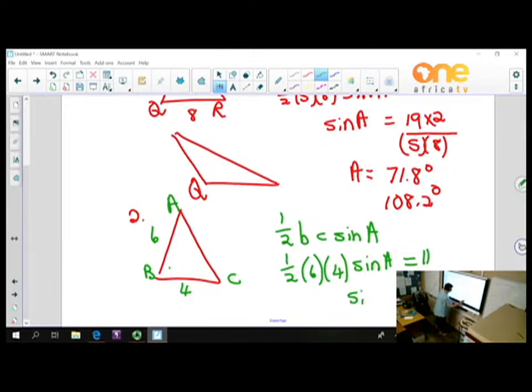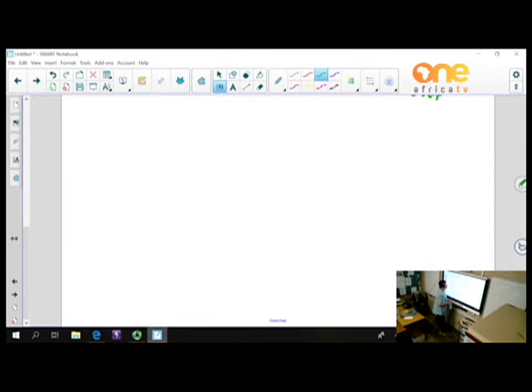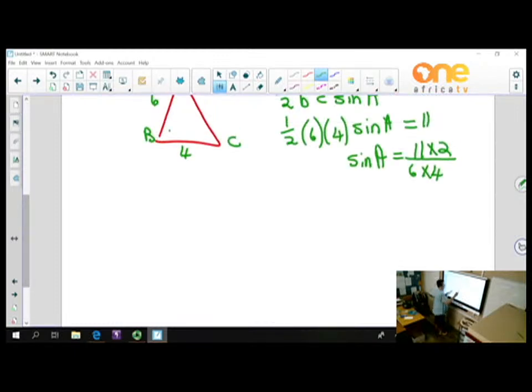So sine A is then equal to 11 times 2, opposite operations here, divide by 6 times 4. And you will say second function sine, and A, look there that I write A now. It doesn't stay sine A. That's mathematically not correct.